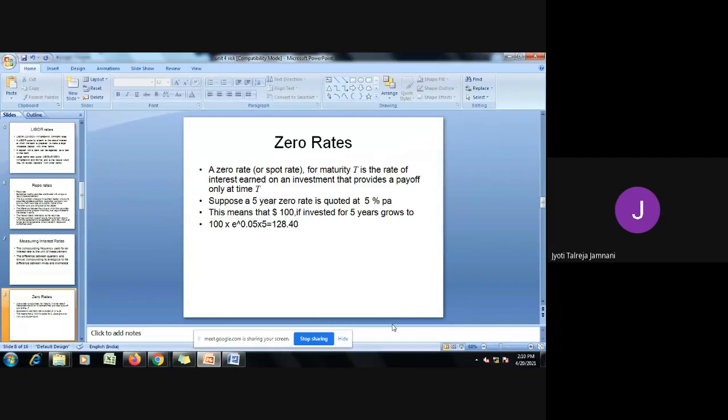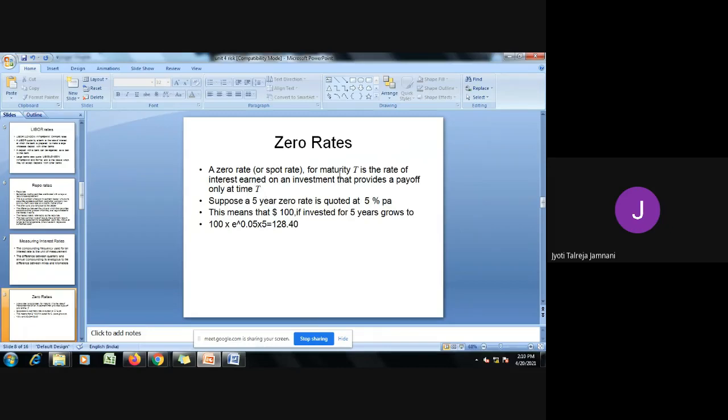So you bought the bond at a discounted price, 80 rupees, and you sold it at the face value, 100 rupees. So you gained 20 rupees on that bond. That 20 rupees is your gain. So in that bond, interest rate was not mentioned. You are not going to get fixed interest for 2 years, but you're going to get that 20 rupees from 80 to 100 that you sell on per bond. That's what is called zero rates.